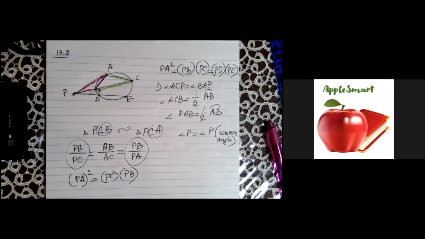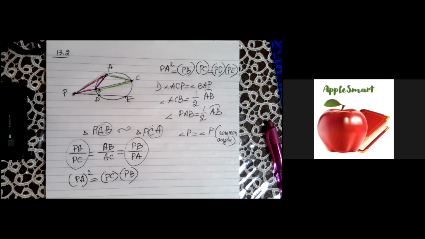Now, we have to prove, okay. So we have secant PC, PD over PE.